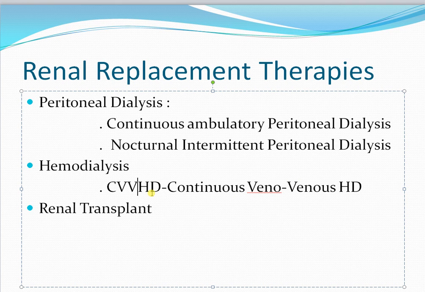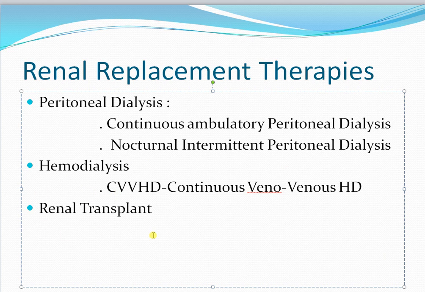When you do regular hemodialysis, you usually take about 500 ml of blood outside the body. So if somebody is hypotensive, such as patients with septic shock, you cannot really do hemodialysis because they don't have enough room in blood pressure. Such patients you subject to continuous veno-venous hemodialysis, which helps them maintain their blood pressure, and still you are able to dialyze them.